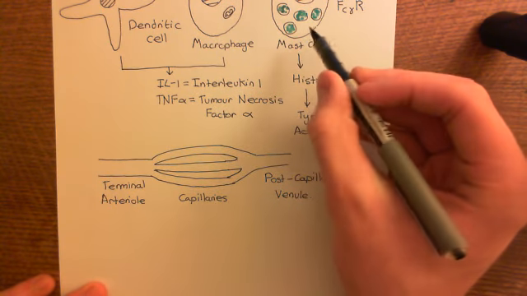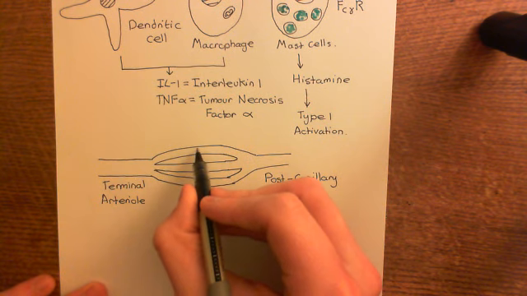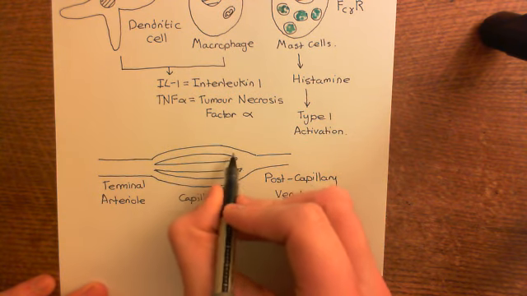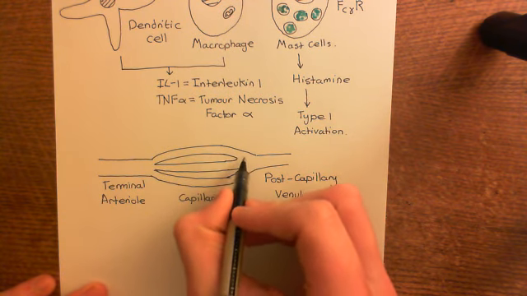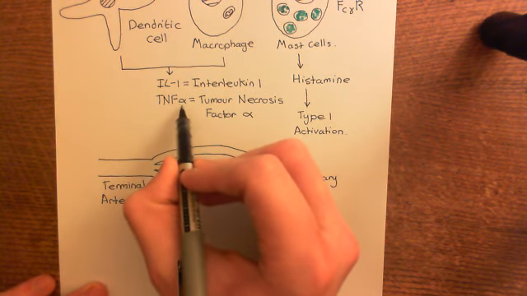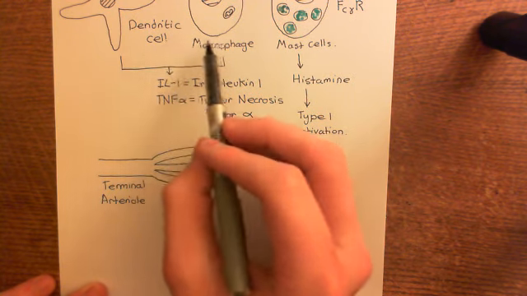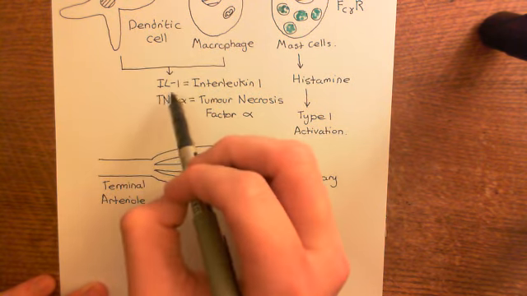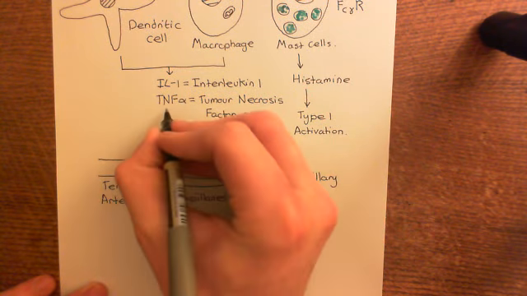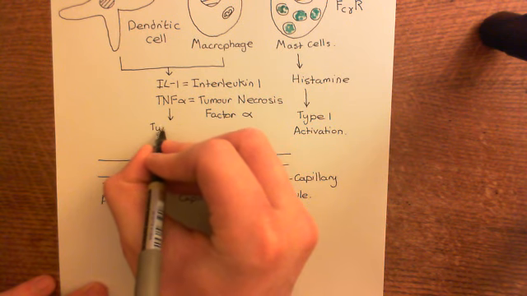So degranulation occurs extremely quickly, and then the actual speed that it causes type 1 activation of the endothelial cells is also extremely quick, basically. Interleukin 1 and TNF-alpha, these are both proteins. These have to be produced by the dendritic cells and macrophages, and also when they go to the endothelial cells, they cause something called type 2 activation.